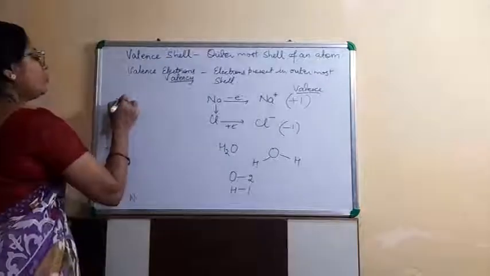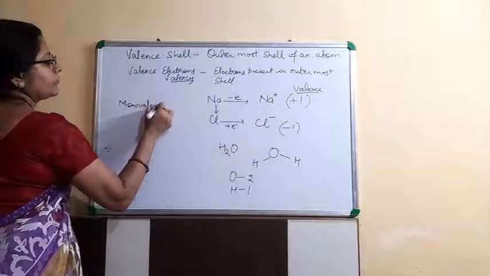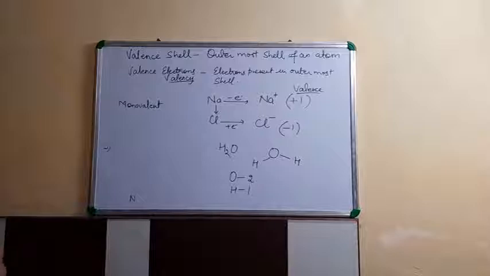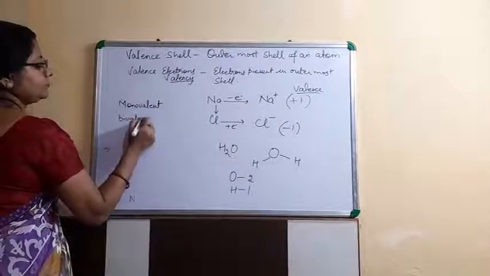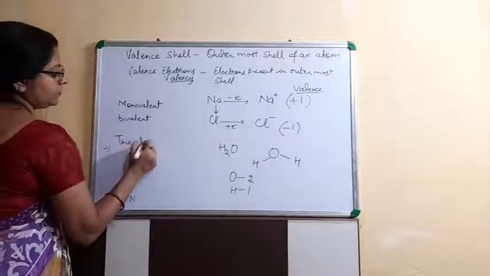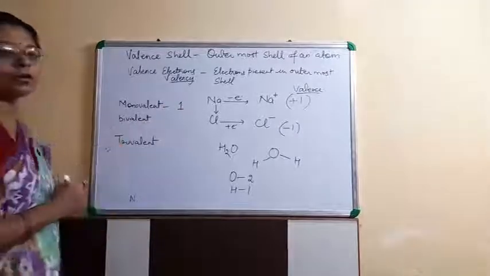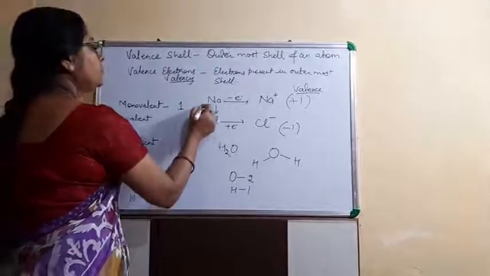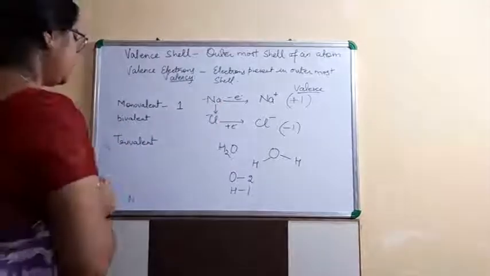Now the terms monovalent, bivalent and trivalent. If the combining capacity of an atom is 1, then it is called monovalent, like sodium and chlorine, they both are monovalent.